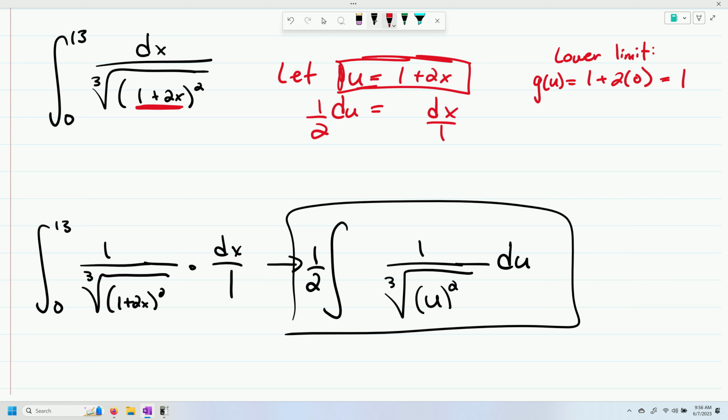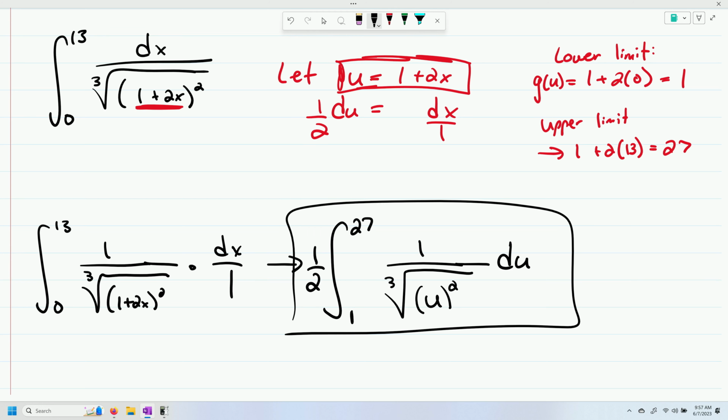So my lower limit goes from 0 in the variable x and turns into 1 for the variable u, because we're defining u substitution. The upper limit, and hopefully you can see this now, the upper limit is going to be, I'm just going to write an arrow, 1 plus 2 times 13, which is 27.